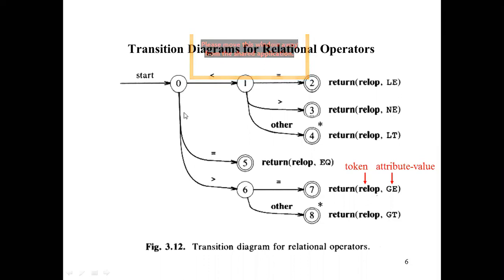No need to go below side. Just write start. Arrowhead will be connected to this initial state, and then move to this state again, one state, and then this is less sign and this is greater sign. Okay, and this is the final state, and we can write here relational operator not equal.